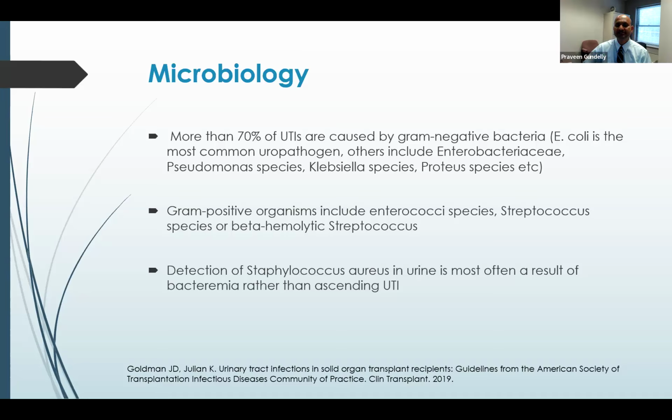If someone comes in with sepsis and the urine culture grew Staph aureus, we should always investigate if that infection is coming from somewhere else, like if a patient has a PICC line or a dialysis port or something like that, because Staph aureus rarely causes ascending urinary tract infection. The only situation where we will see Staph aureus infection directly in the UTI is when they have a stent or a Foley catheter, a chronic Foley catheter.